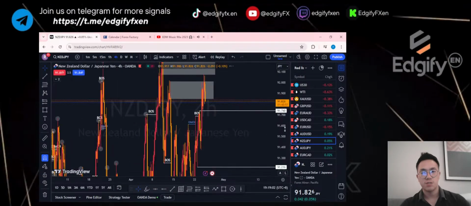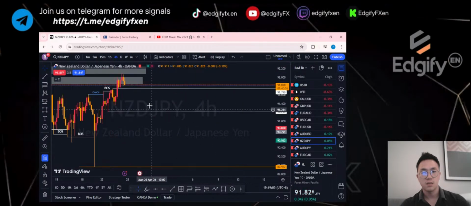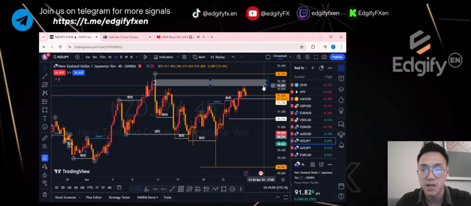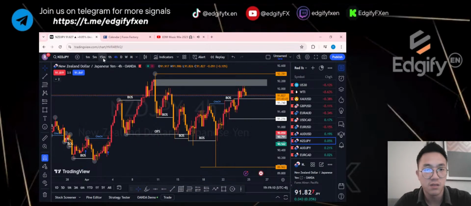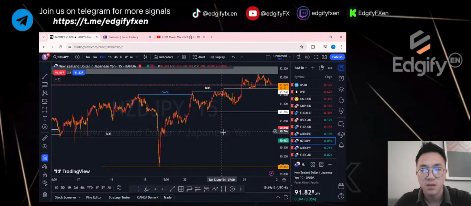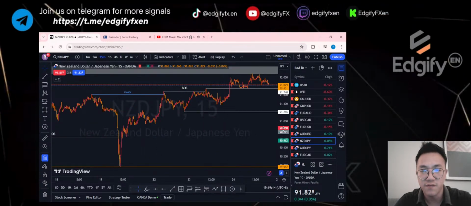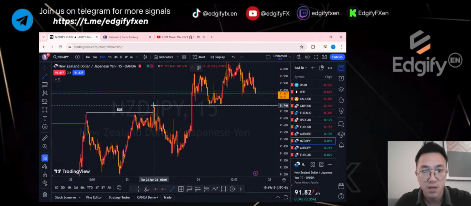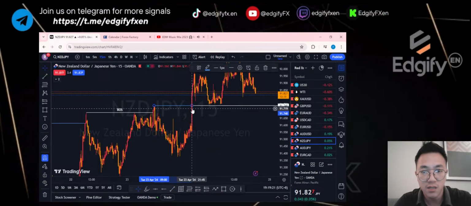Okay, let's look at NZD JPY. All right, on the hour 4 we are selling. This one is done for. Right, this zone has been tapped in. So we hop on to the 15 minute. Okay, let's see what the 15 gives us. Okay, I haven't marked it out yet. This was yesterday's zone. Okay, so we have a BOS here.